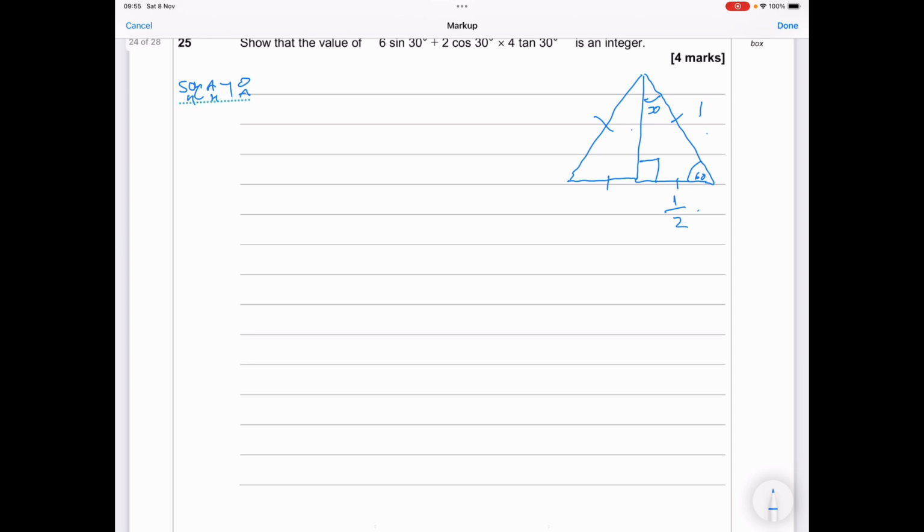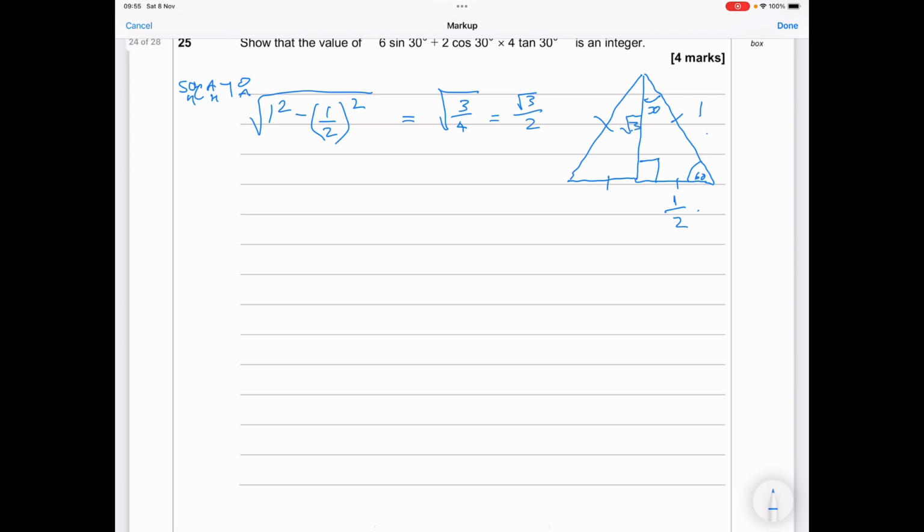So this side here is going to be the square root of 1 squared minus half squared, which is the square root of 1 minus a quarter, which is 3 quarters, and that equals root 3 over 2.